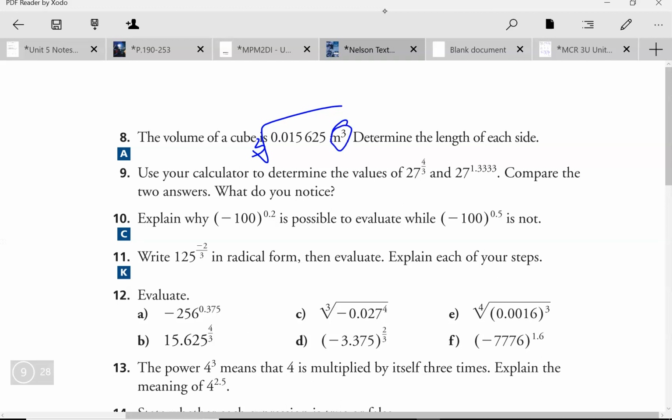That's the volume. Units of volume are units cubed. And when you calculate the length of each side, the units are then going to be in meters. So hopefully we're fine with that. Again, calculating the cube root of that, you can just use a calculator. I don't think that's out of the rules. So just take the cube root of this number, and that answer in meters would be your answer.